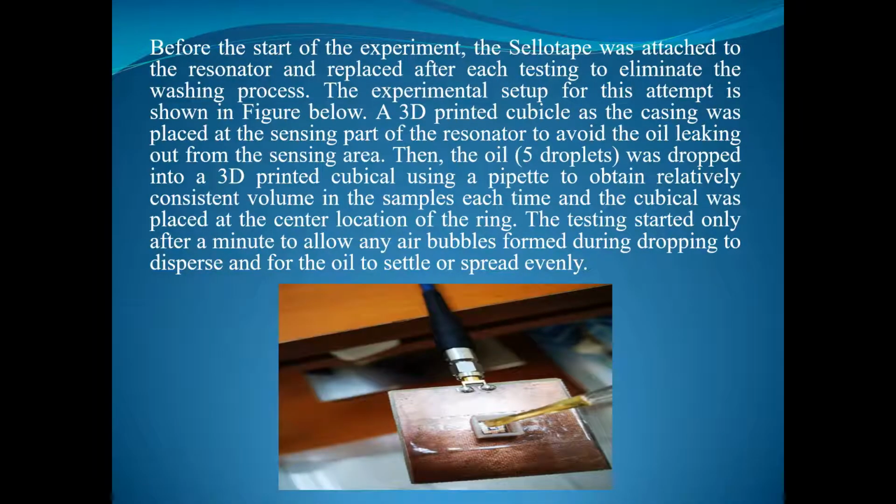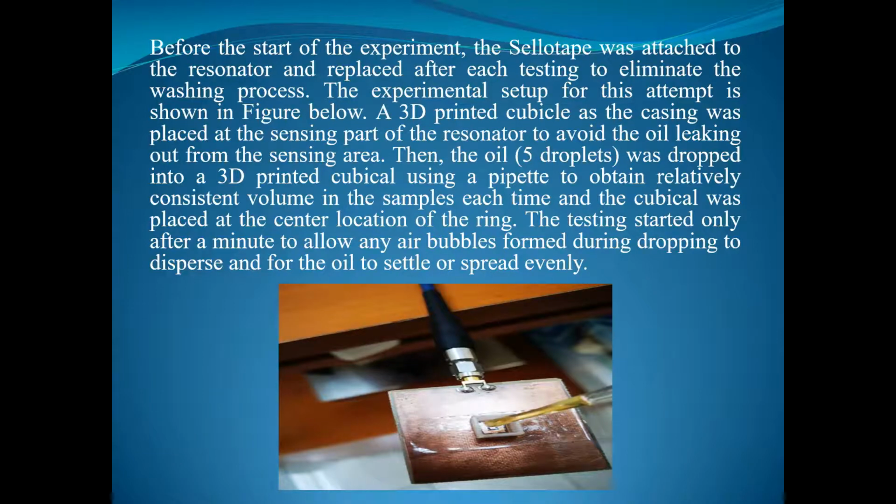This is the setup of our experiment. Before the start of the experiment, tape was attached to the resonator and was replaced after each test to eliminate the washing process. The experimental setup for this attempt is shown in the figure below. A 3D printed cubicle as a casing was placed at the sensing part of the resonator to avoid oil leaking from the sensing area.